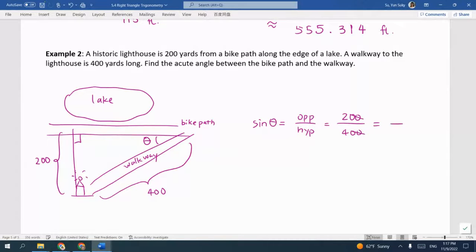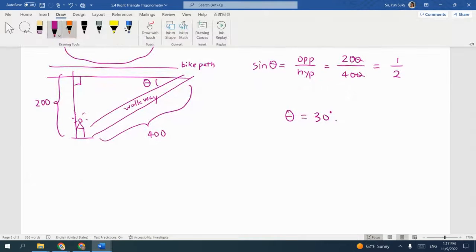What's 2 over 4? Do you remember what angle has a sine of 1/2? 30 degrees. Exactly. So theta equals 30 degrees. Okay, everybody?